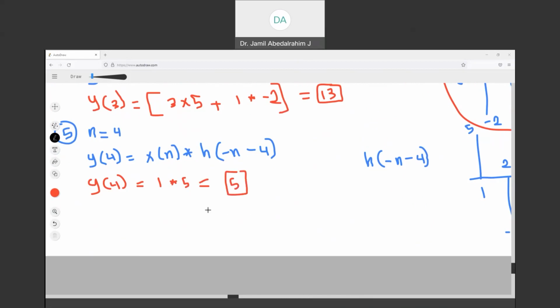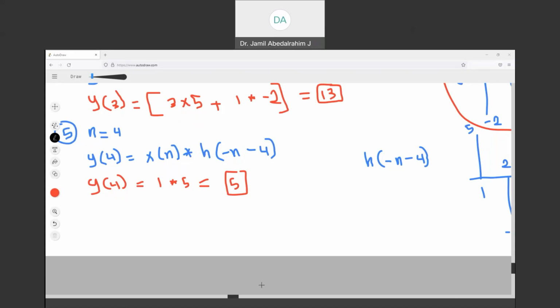Okay, so here we can stop. No need to find y of n when n equals 5. Why? Maybe someone will ask when we have to stop. We will stop when the shared signals or the similar locations become only 1.